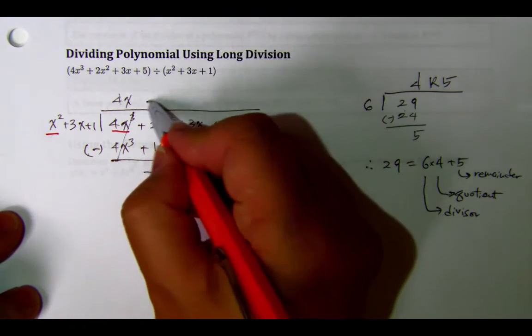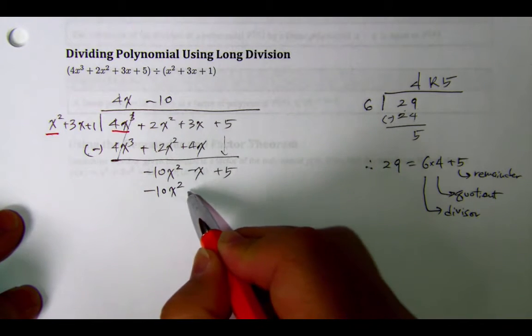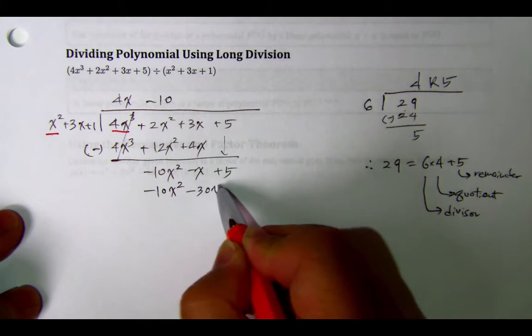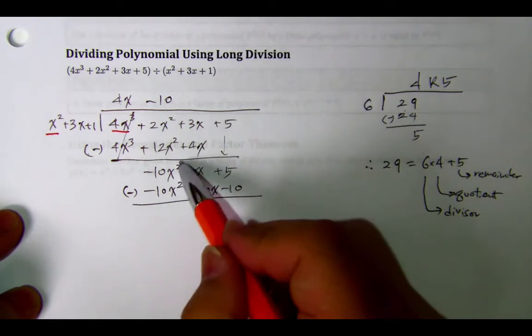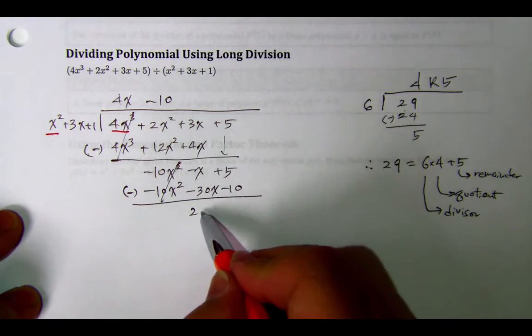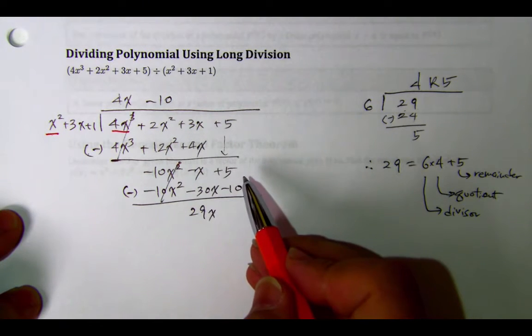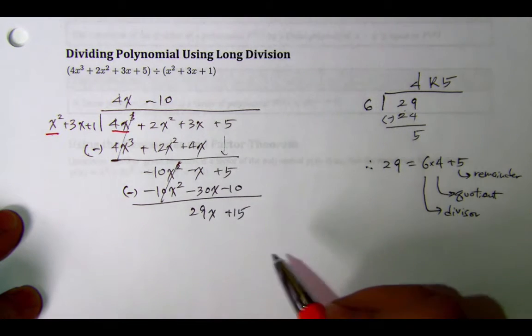And that is negative 10. That gives you negative 10x squared minus 30x minus 10, and we subtract them. When we do, negative 1 minus 30 gives you -29x. 5 minus 10 is 15.